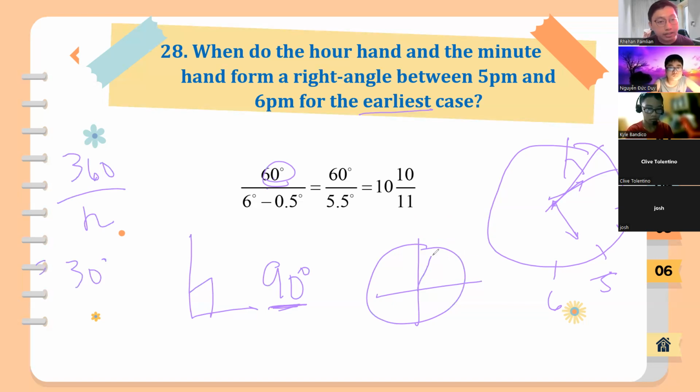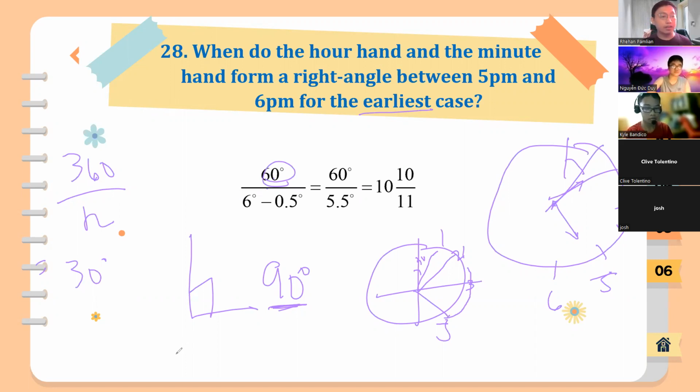So every hour the hour hand passes is equal to 30 degrees. So this is 30, 30, 30. Going to the fifth, what is this time? This is 5 times 30. How much is that?